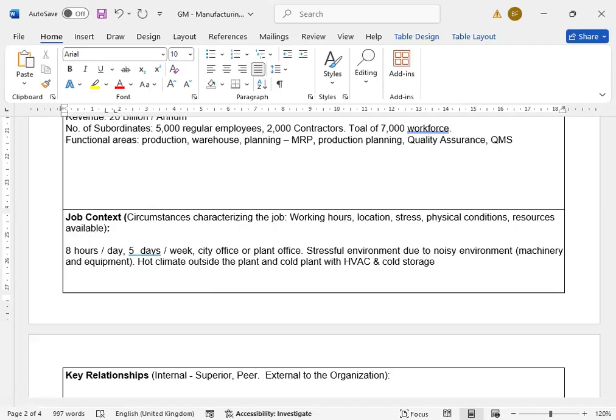Usually negative 18. For example, for the frozen chicken, usually the cold storage is about negative 18 degrees Celsius. Storage warehouses.